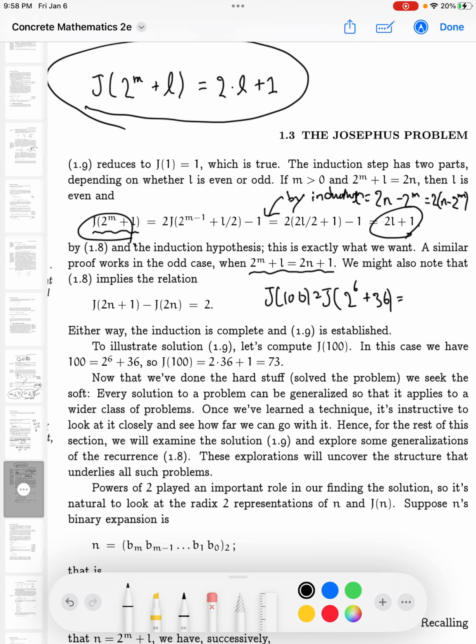That leaves us with 2 times 36 plus 1, giving us the answer 73. So the Josephus of 100 is 73, as it should be, as given in the textbook here.